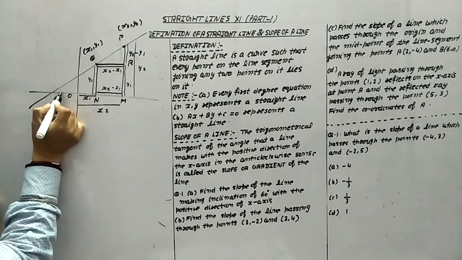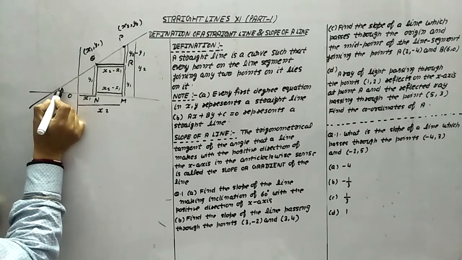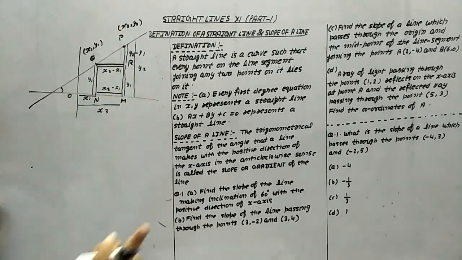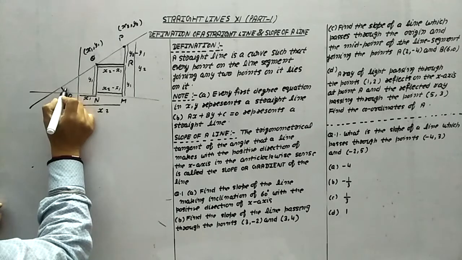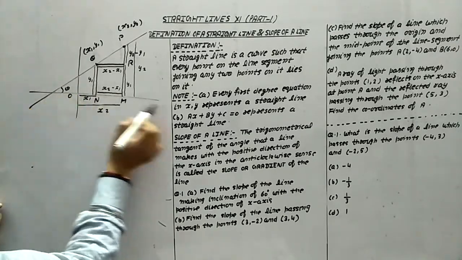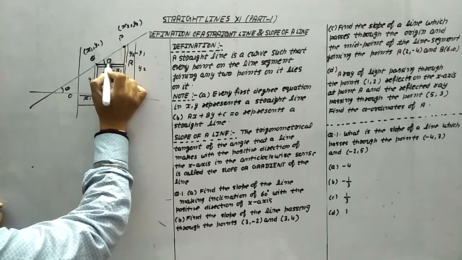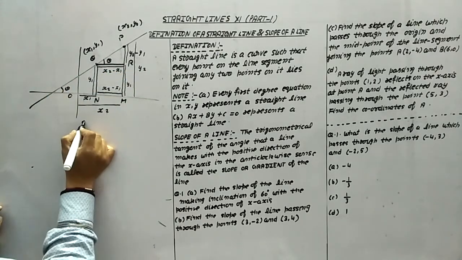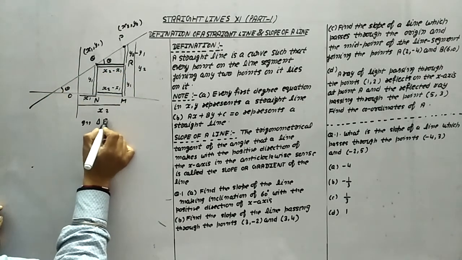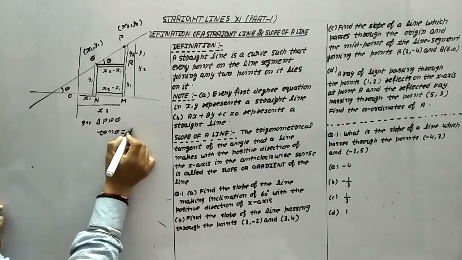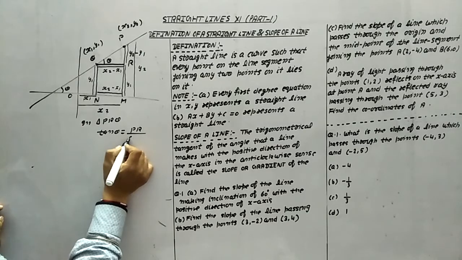Let us suppose the inclination of this line with the positive direction of the x-axis is theta. Now this line is parallel to this, therefore by corresponding angles this is also theta. Now in triangle PRQ, tan theta equals PR upon QR.